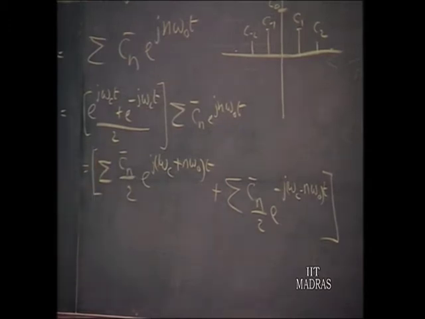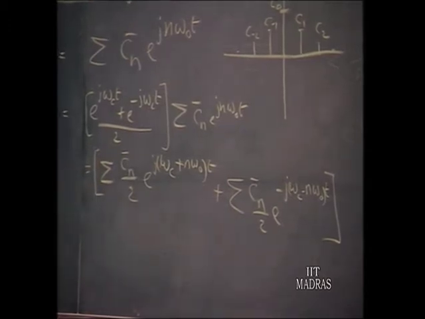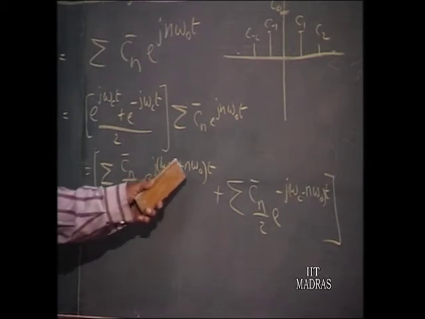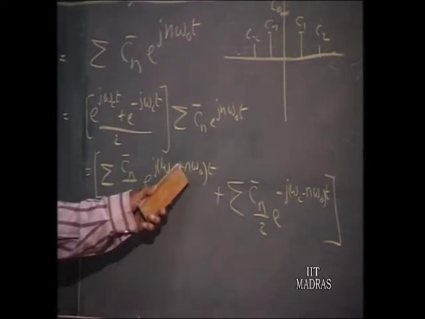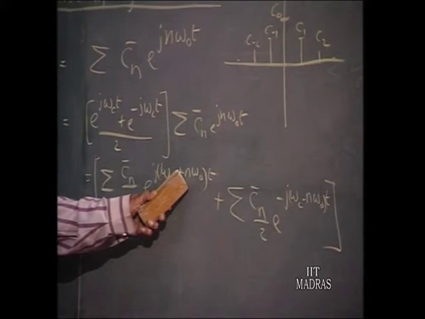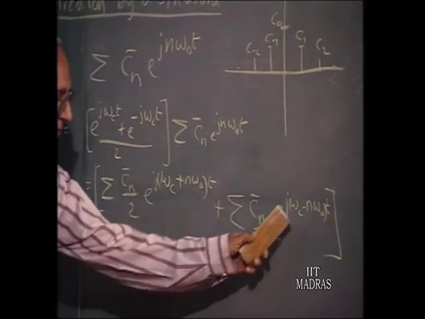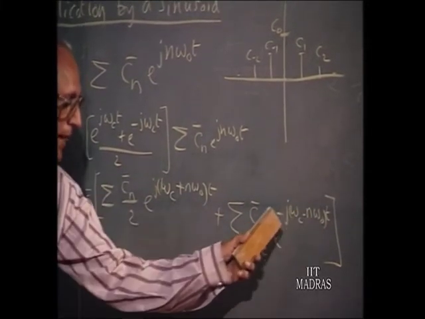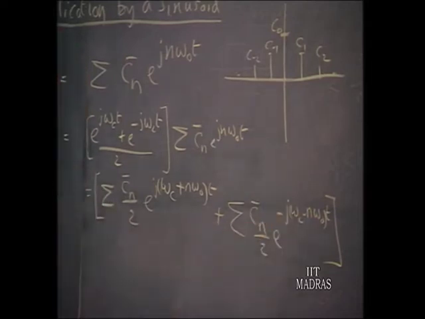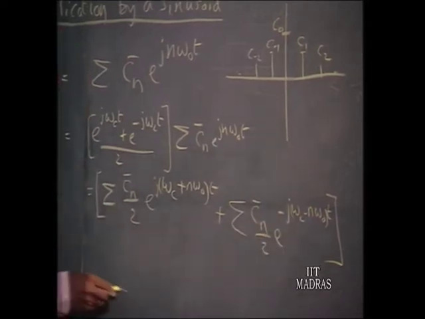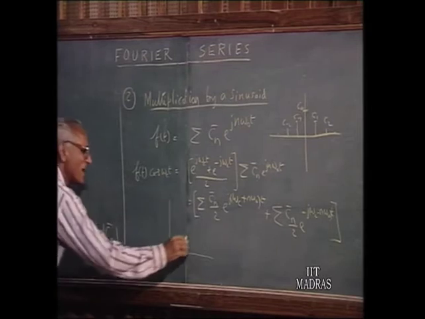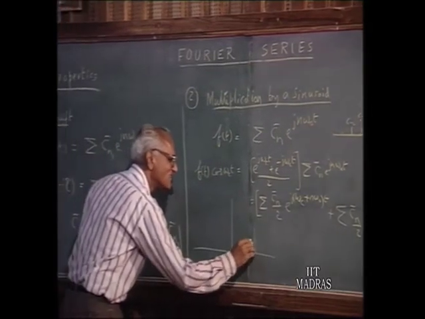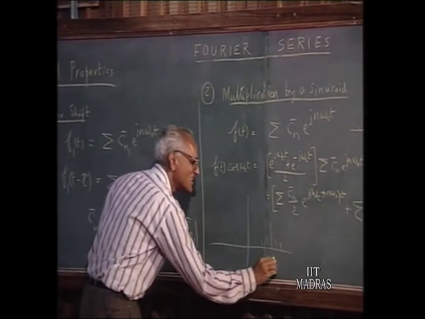So, you have frequencies omega c plus n omega naught, where n ranges of course from minus infinity to plus infinity, and another set of terms with frequencies omega c minus n omega naught. In other words, if you look at the spectrum here, centered around omega c, you have various harmonic components.